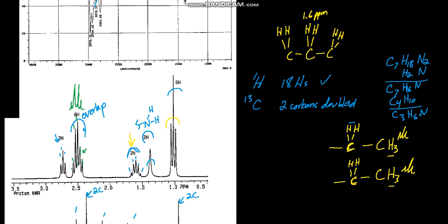So you get one signal here split 1, 2, 3, 4 more times into a pentet. So it looks like we've got that. And so that's a CH2 we can subtract from this formula. CH2, C2H4N left. It's starting to look like all CH2s for the rest of the way.